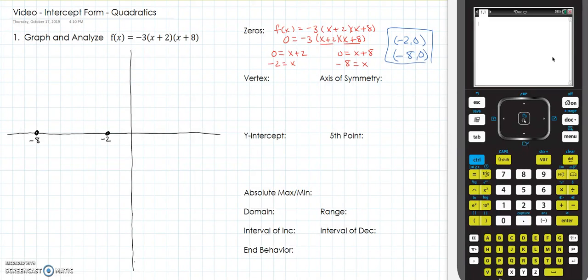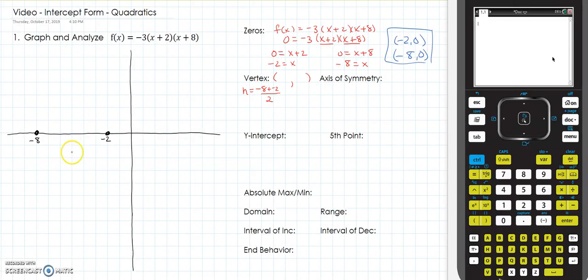All right, so our vertex is going to have an x-coordinate and a y-coordinate. To find this x-coordinate, which we call h, we're going to take the two zeros, add them together, and divide by 2. That's going to give us the midpoint.